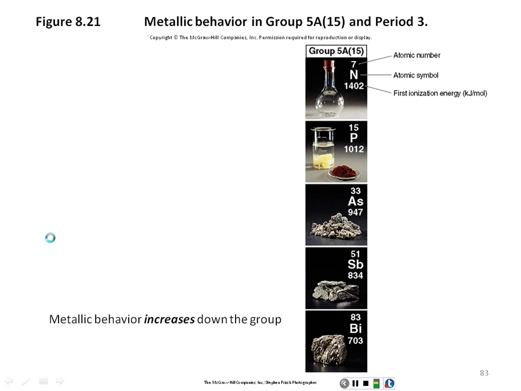Then we have phosphorus, a yellow-red powder. As we go down this group, the appearance becomes shinier and more metal-like. So the metallic behavior is increasing going down this group.